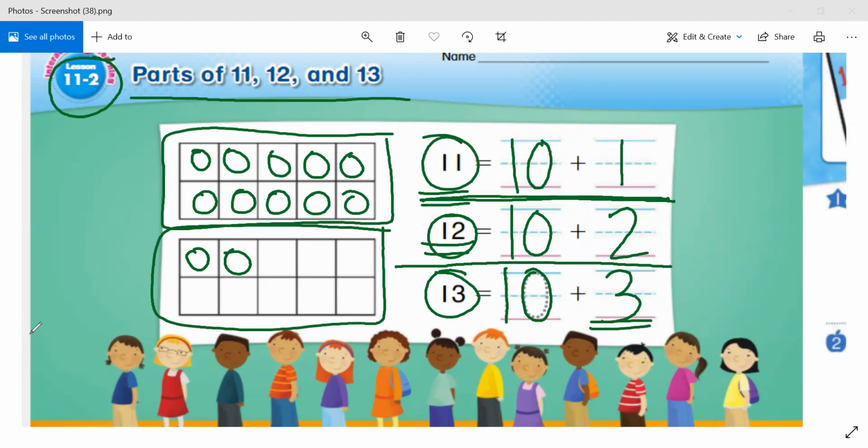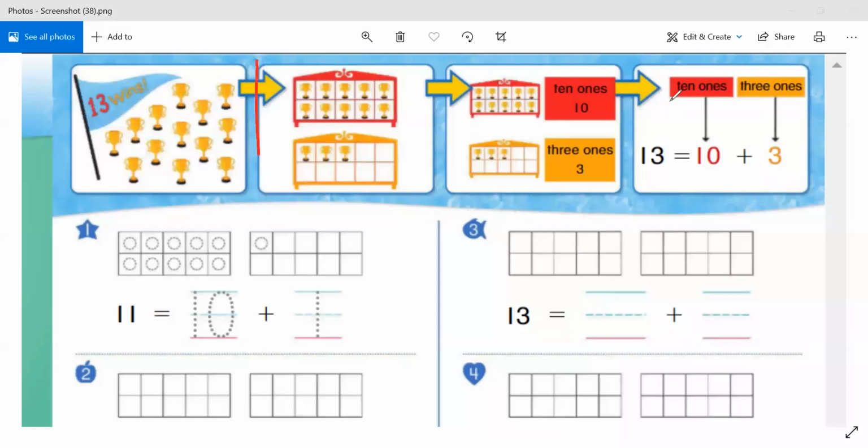All right, let's turn our paper over. Let's look at our first box right here. The Dolphins swim team won 13 trophies. How can they split the trophies into 2 groups to put on 2 trophy cases? Let's look at our next box to see what happened here.